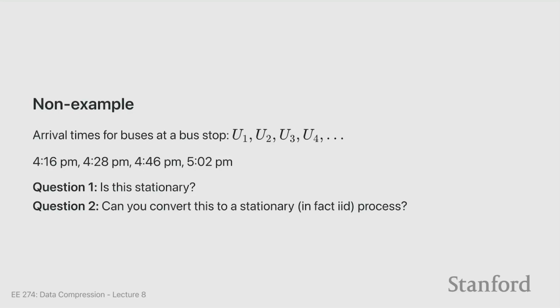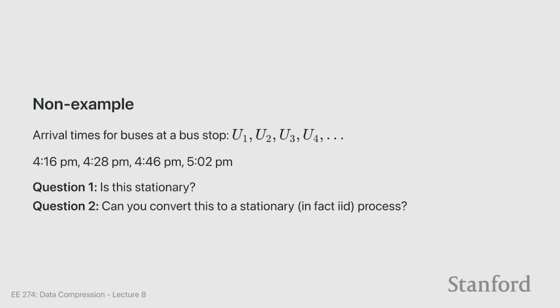So what are the properties of stationary processes? Among other things, we heard that the mean doesn't change with time. So if the first bus is expected to arrive at 4 p.m., is the second bus also expected to arrive at 4 p.m.? No, it's expected to arrive at 4:15 and the next one at 4:30 and so on.